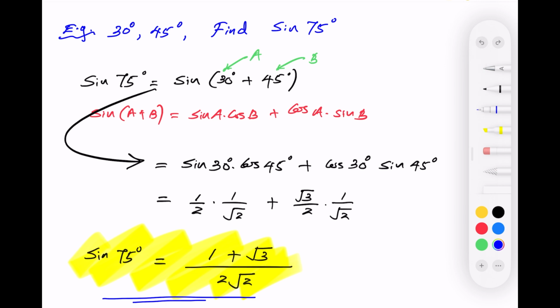If you do it in one shot, please make sure to use parentheses around the numerator term and then divide that by 2 square root 2 and see what you get. That answer should be equal to the approximate decimal answer generated by your calculator for sine 75 degrees. That's a small exercise to verify that we have actually obtained the correct answer.